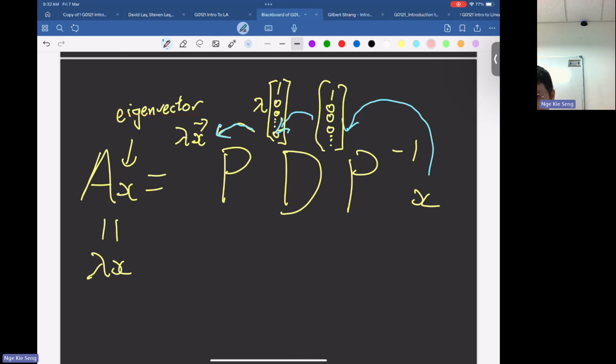Okay, another way to think about it. This P here, what does this P do? This P is actually a change of basis from the eigenvector basis to the standard basis. Okay, so B standard is the standard basis. Let me draw here.